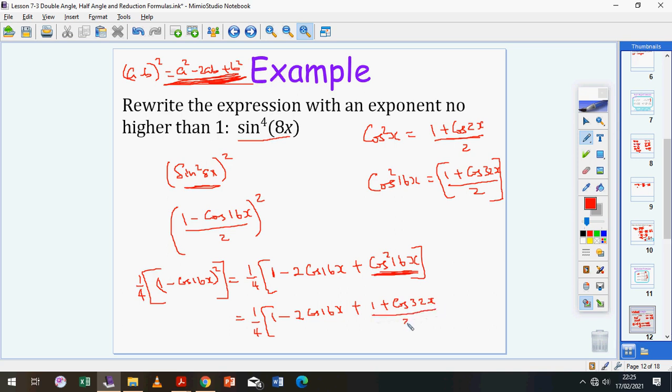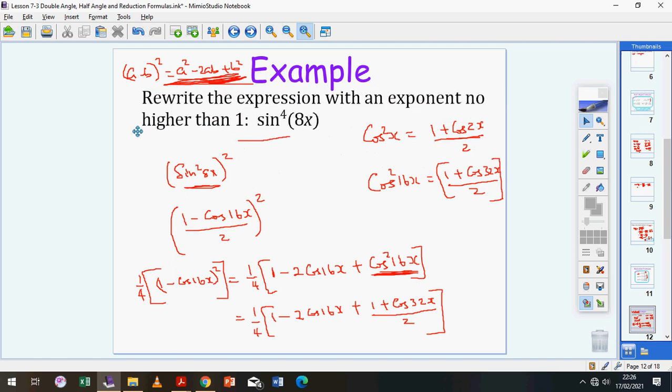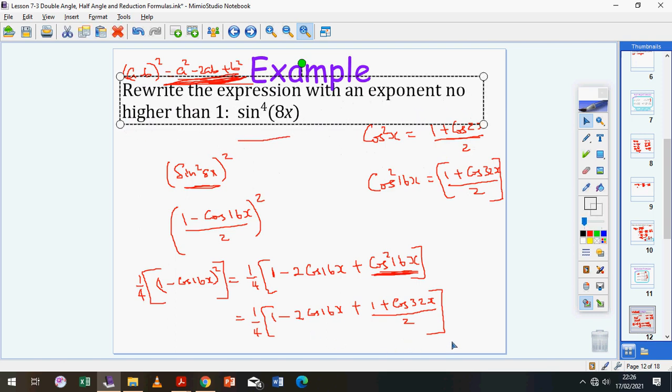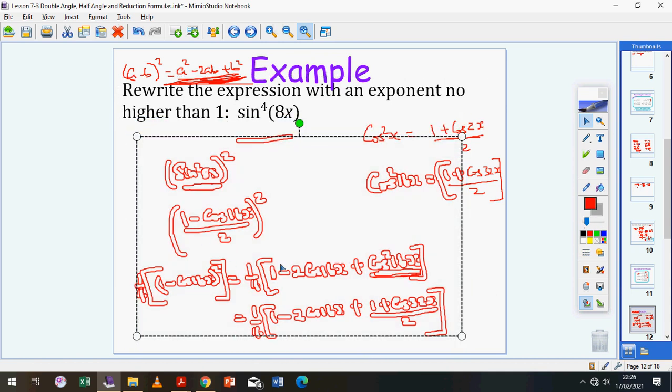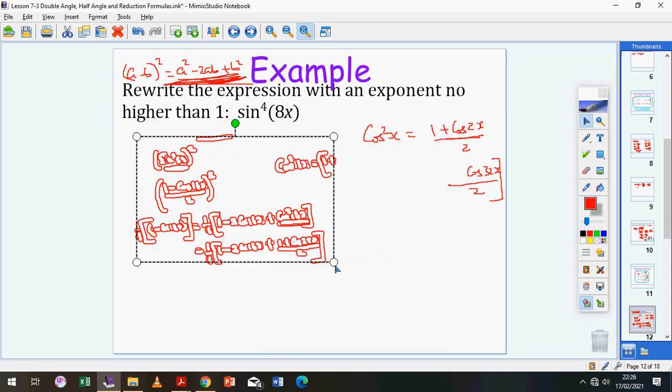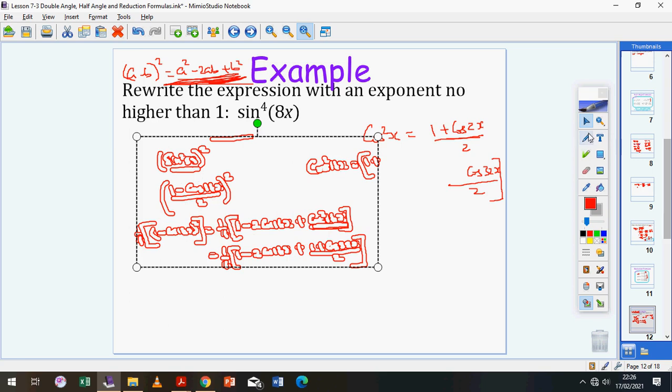I can simplify this, if I want. If you're feeling too lazy, I will not penalize you for leaving it where it is, but it's possible to simplify it, so I'm going to do it. I'm going to bring a quarter inside.